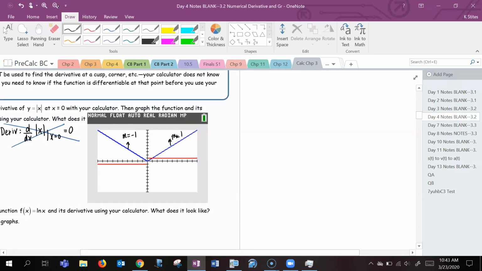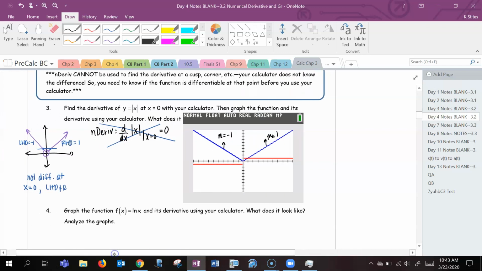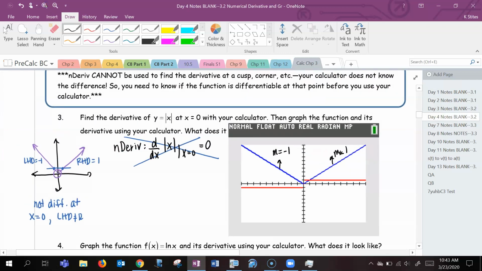All right, so it says, what does it look like? Analyze the graphs. So I'm just going to write that in words here. I'm going to say when x is greater than 0 on the function, the slope is constant at 1.